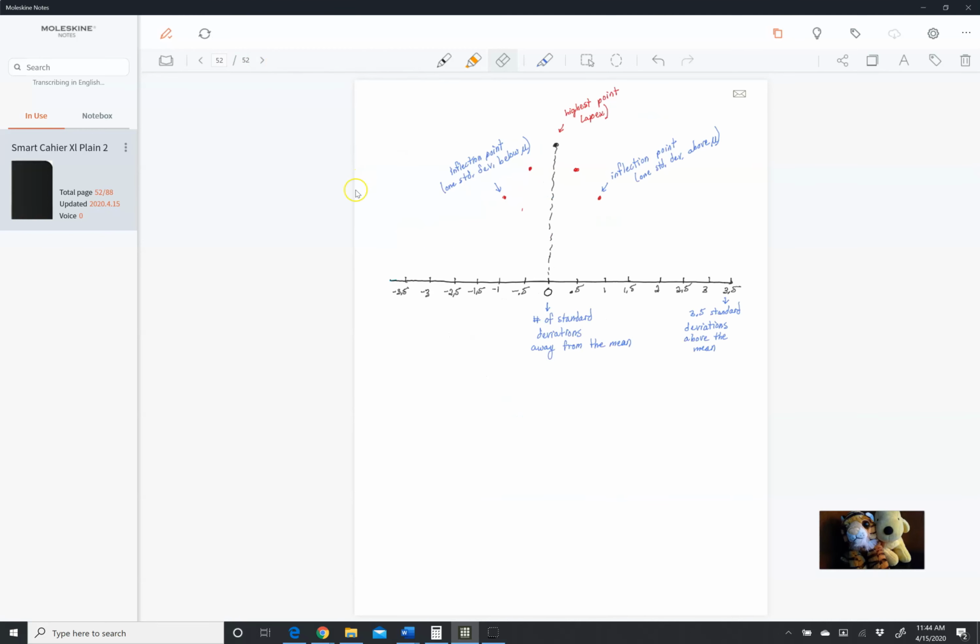Okay, now we can keep going here. One and a half standard deviations. It's going to be the same on both sides. Then we have 2 standard deviations. Notice it gets a little bit lower. I skipped the 2 here, which is why it looks weird. Sorry about that. Let's fix that.